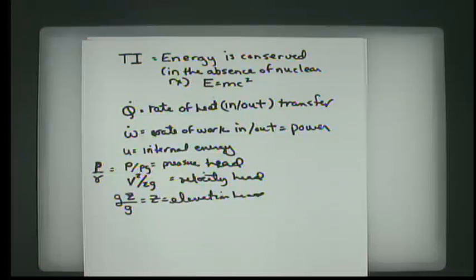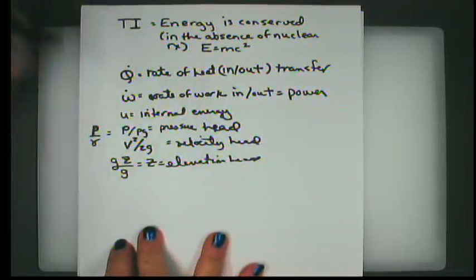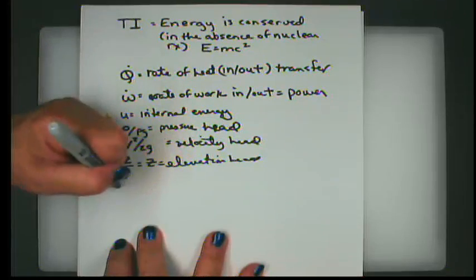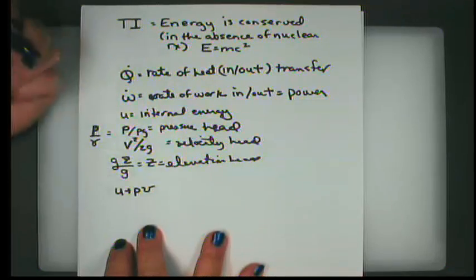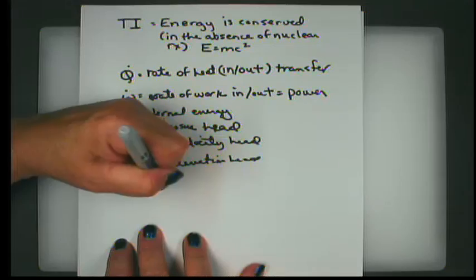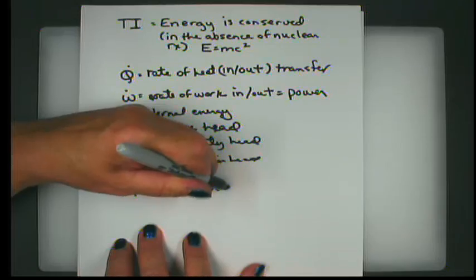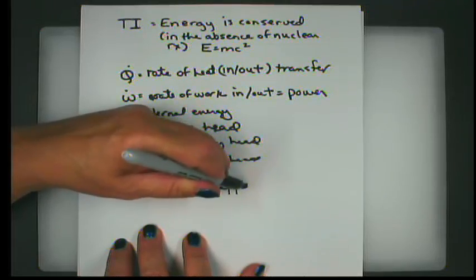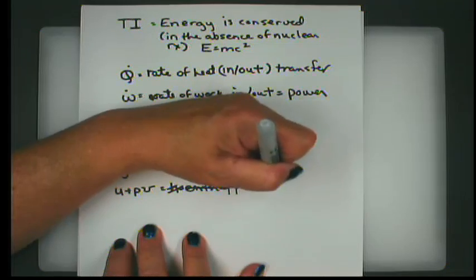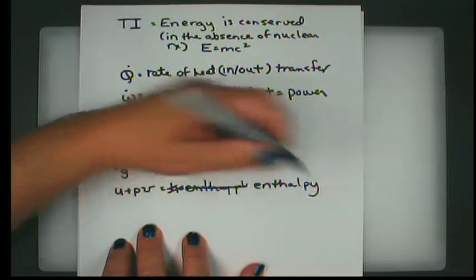So when we start working with these Bernoulli-like terms, we also need to be very, very careful to make sure that our dimensions and our units work out properly. Now, internal energy plus pressure times specific volume is a term called enthalpy, E-N-T-H-A-L-P-Y, right?